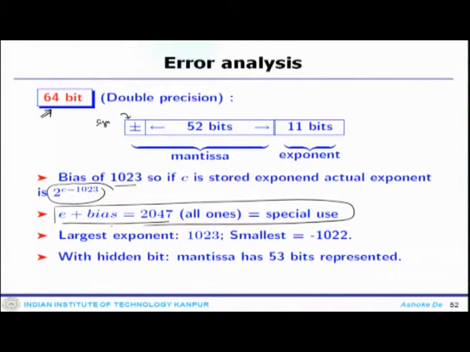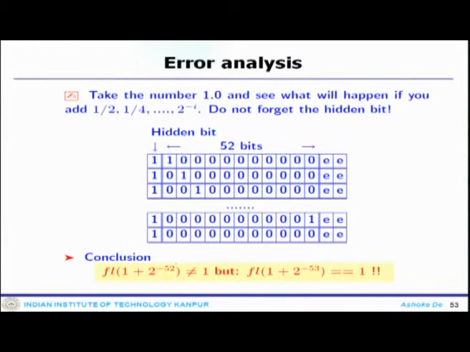So, the largest exponent which is possible is 1023, the smallest is minus 1022, and there is one hidden bit. So, the mantissa has 53 bits represented. So, this is how your machine understands all this information.